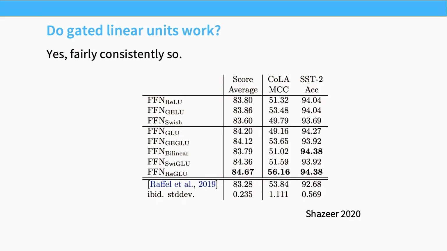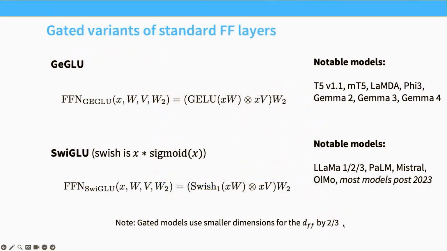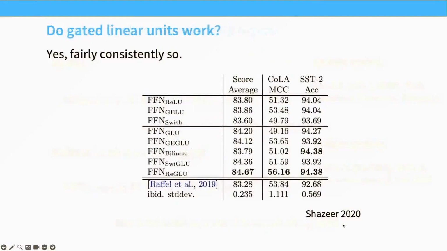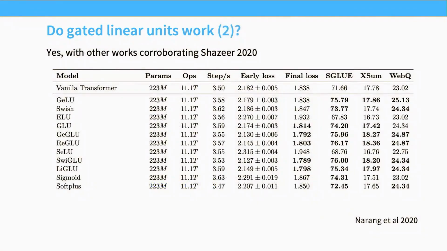And if you look, the GLU variants are almost always consistently better than the non-GLU variants. And this is a parameter-matched comparison, because Noam Shazeer is always doing this 2/3 adjustment to make sure that all of the models have the same total number of parameters. So this is quite nice. It's in some ways a free win. Almost everyone uses a GLU.